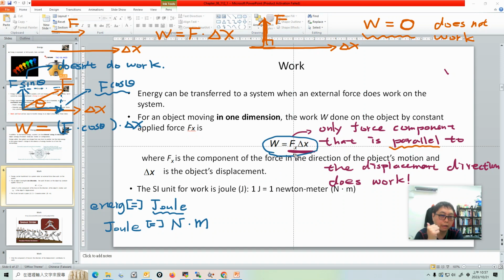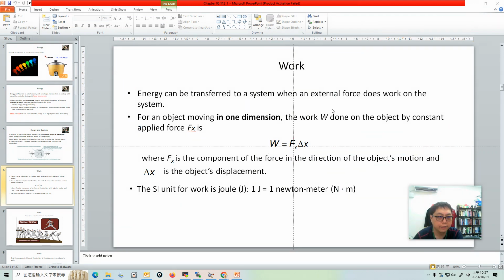Force, like we said, is a vector, and displacement is also a vector. So when we want to calculate the work, how do we use vectors to calculate the work? I believe this is the next slide.